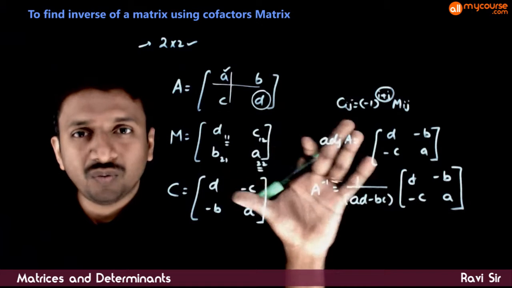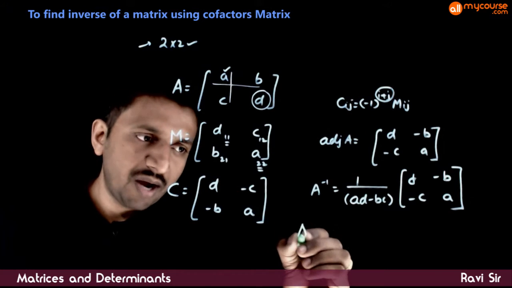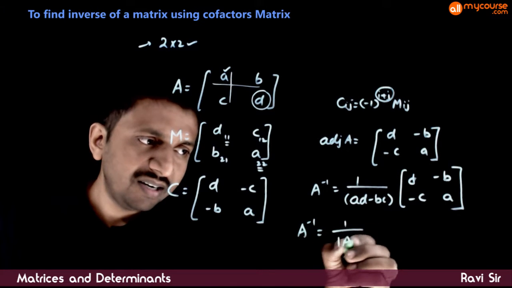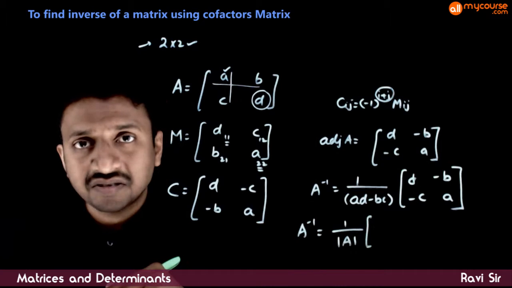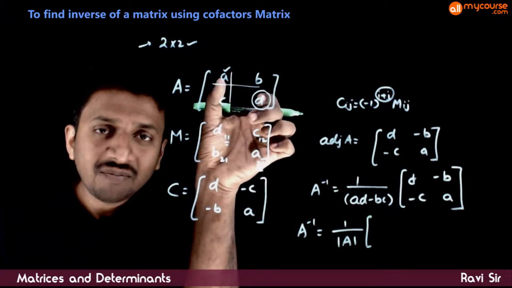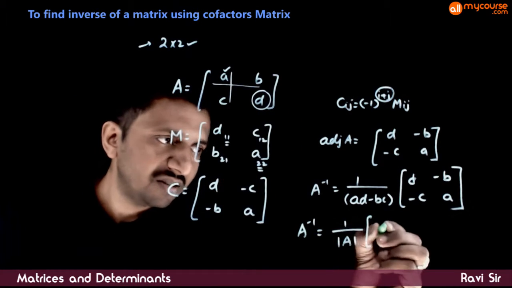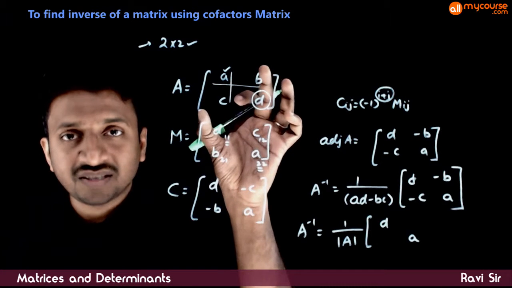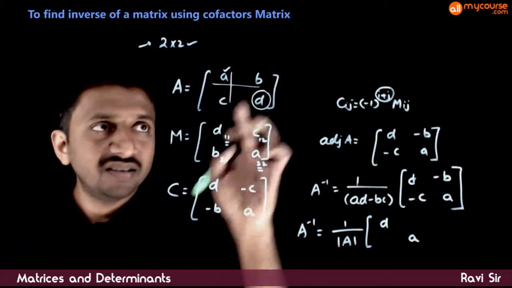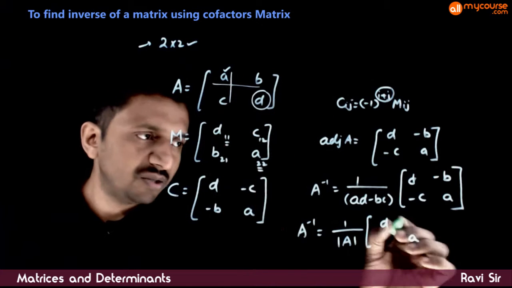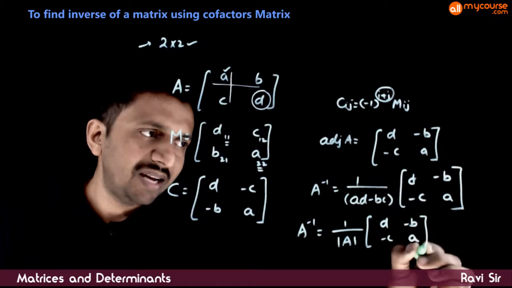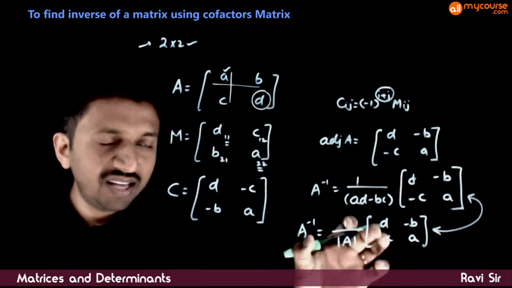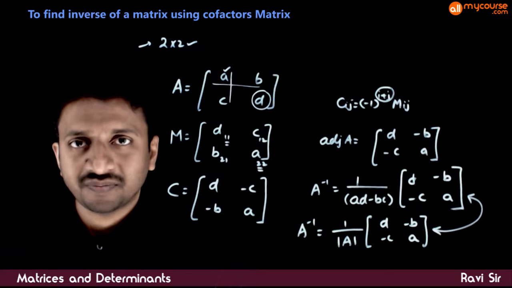You don't need to do the work. If you try to understand the formula, it is 1 by det A times the matrix in which the diagonal elements have to be interchanged, so A and D swap. And the non-diagonal elements have to change their signs. So you just need to change the signs of these two, minus B and minus C. That is what you get as the inverse of a 2 by 2 matrix.